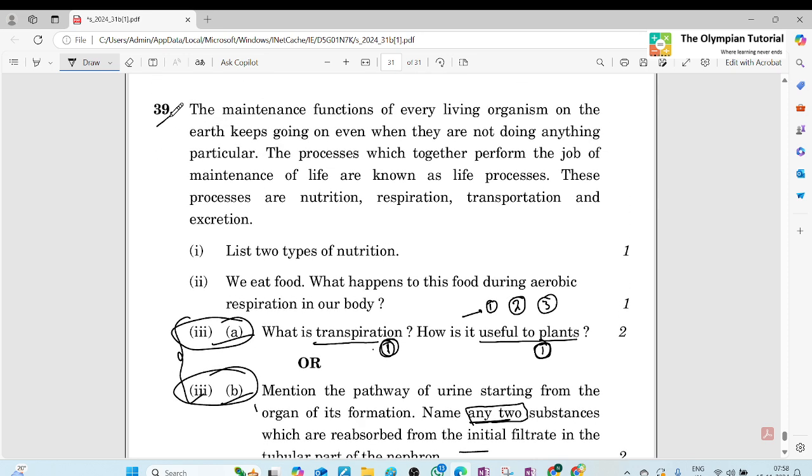39. Read, Ayukta. We eat food. What happens to this food during aerobic respiration in our body? One second, beta. Now you have to read from here. This first and second part is related to this paragraph.